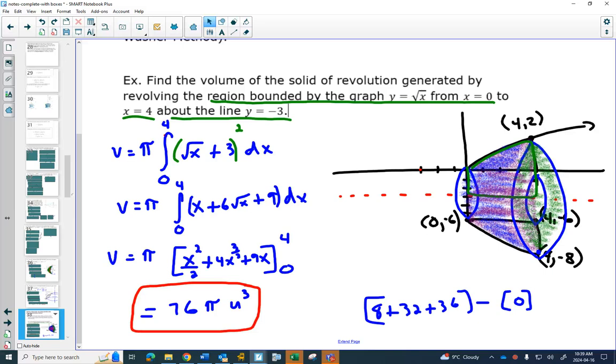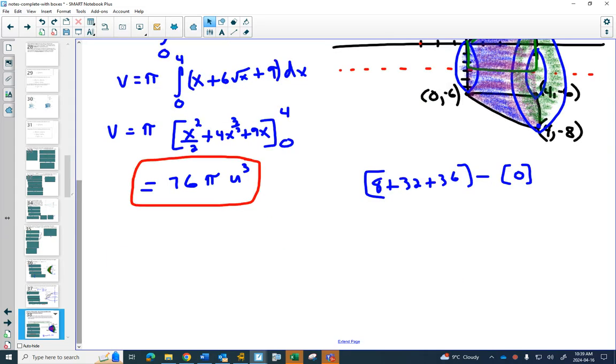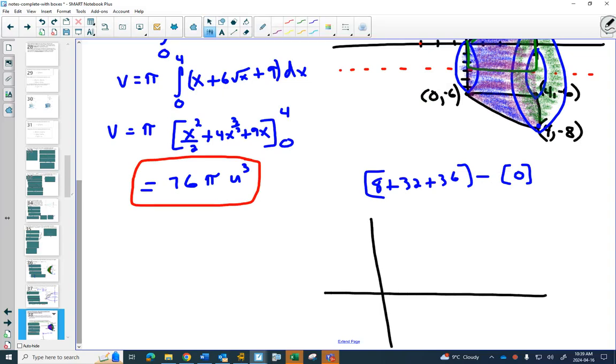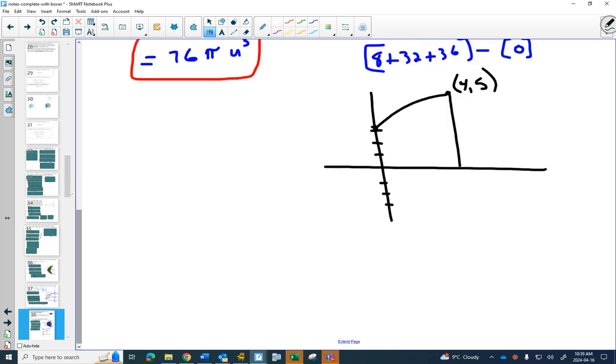Now, the solid that we drew, can you see that it's identical to the solid you get by just taking your square root graph and moving it up 3 to begin with? One, two, three.